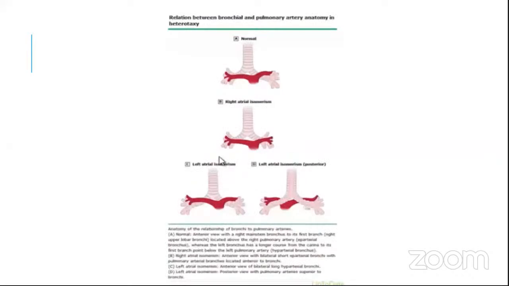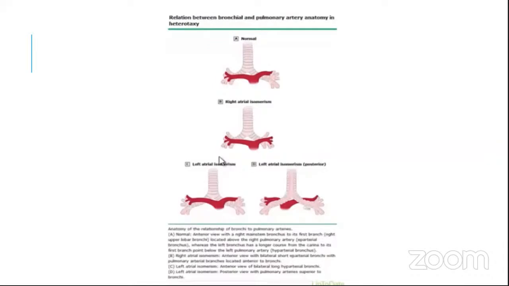This is the relation between the bronchial tree and pulmonary artery anatomy in heterotaxy. Normally, the right bronchus is shorter than the left bronchus, and the right pulmonary artery is usually anterior to the right main bronchus and superior to the left main bronchus.